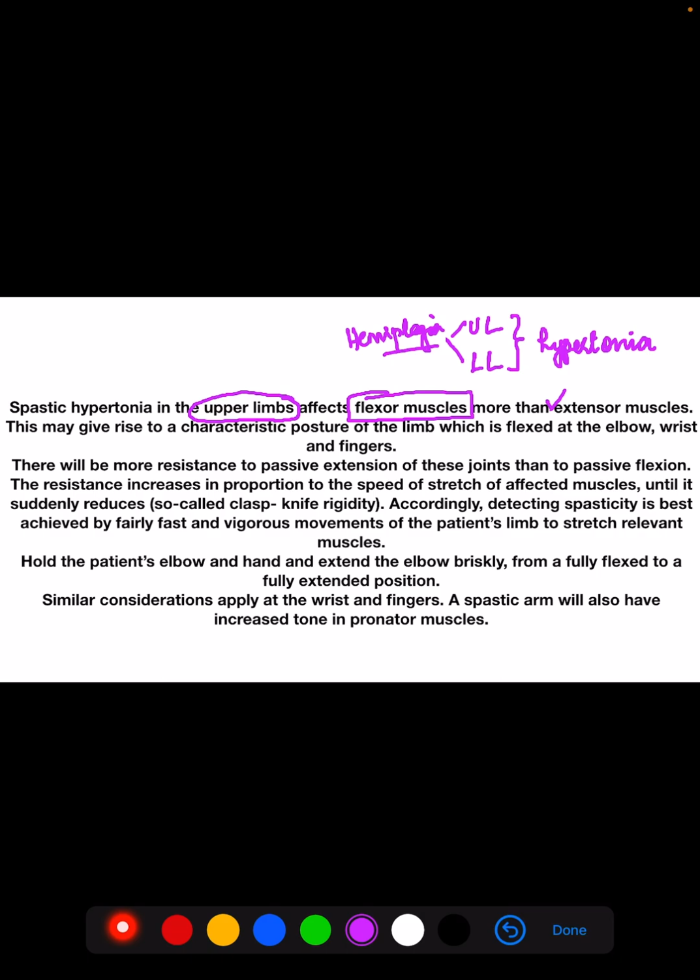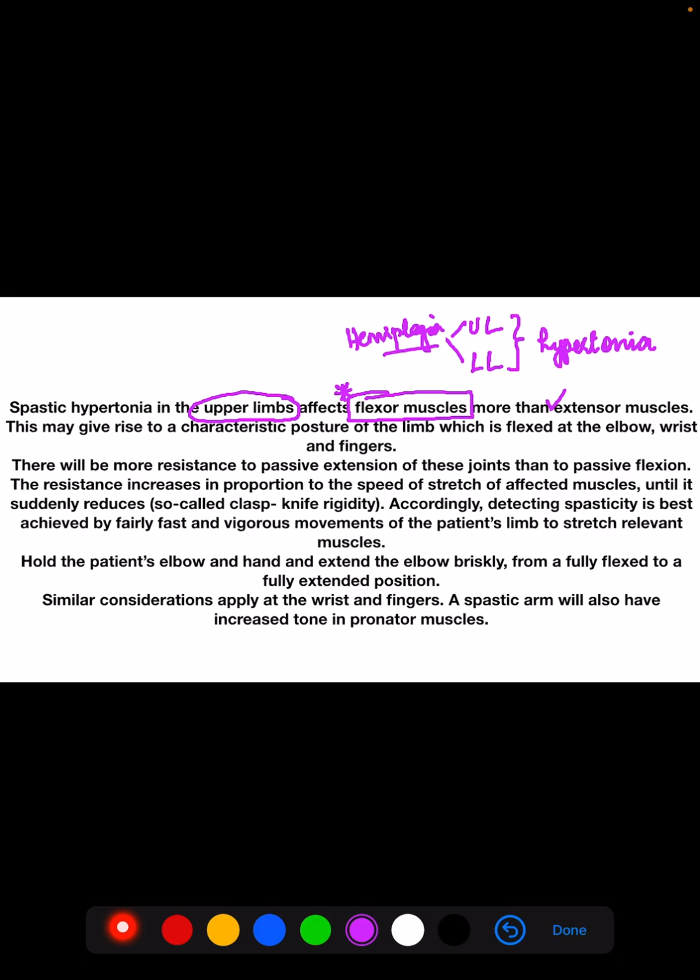Tone will be more in the flexor muscles when you compare to the extensor muscles. Because of the increased tone of the flexor muscles in the upper limb, they will have a characteristic posture.